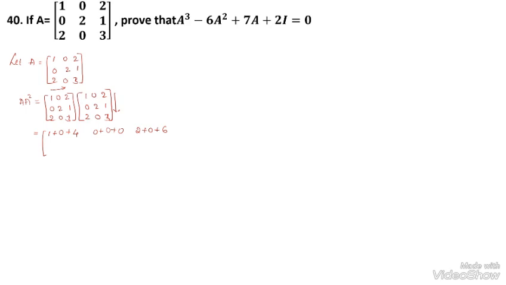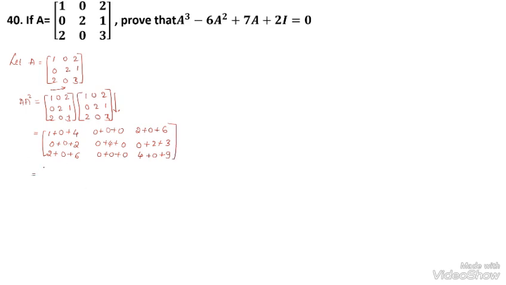Then 0 into 1, 0 plus 0 plus 2. Next, 0 into 0, 0, 2 twos are 4, and 1 into 0, 0. 0 twos are 0, then 2 ones are 2, plus 3 ones are 3. Again 2 into 1, 2, plus 0, plus 3 twos are 6. Again 0 plus 0 plus 0. 2 twos are 4, 0 ones are 0, 3 threes are 9.